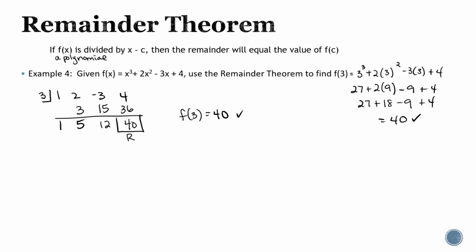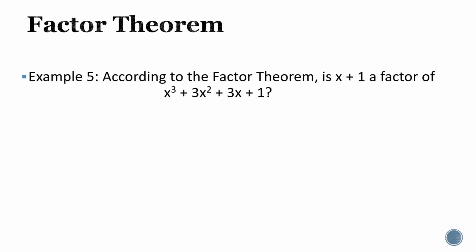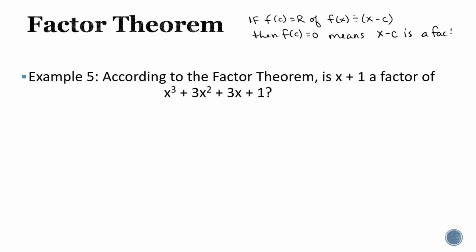Now, an extension of the remainder theorem is what is called the factor theorem. So if f of c is the remainder of f divided by x minus c, then f of c equals 0 means x minus c is a factor.